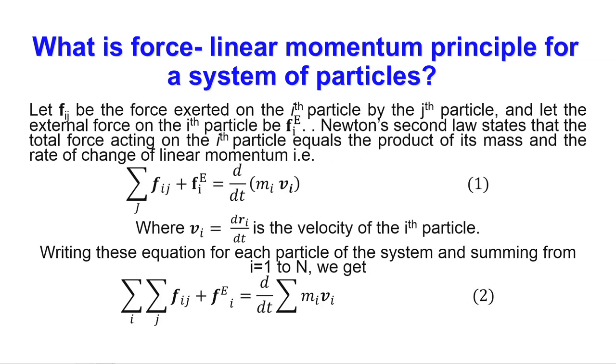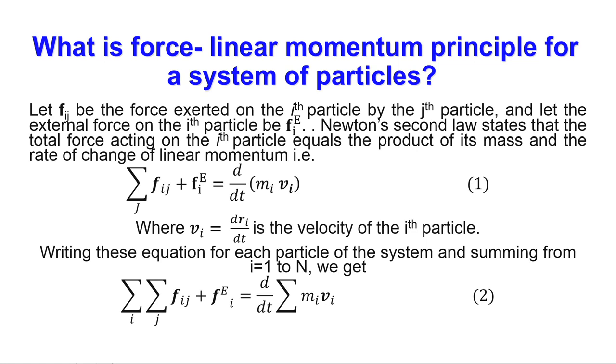Now, using Newton's second law, we can write it for this particle. On the left side of equation 1 we can see the forces acting on the particle i, and on the right side the rate of change of momentum.